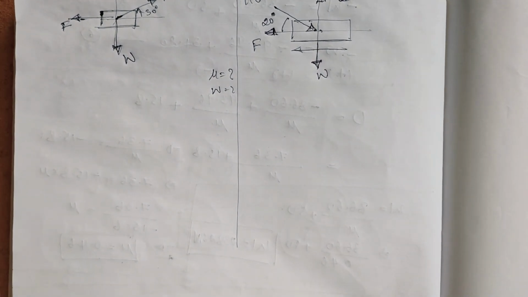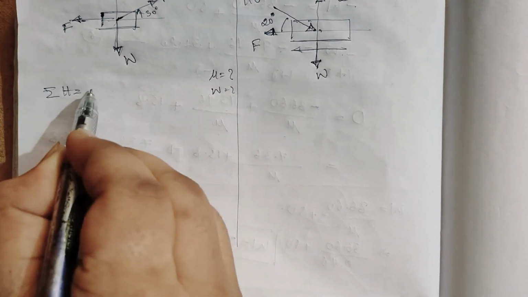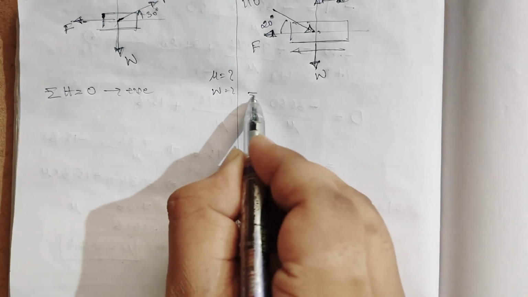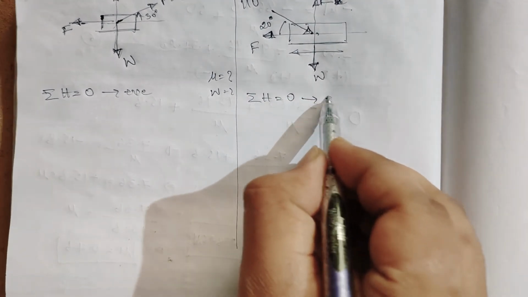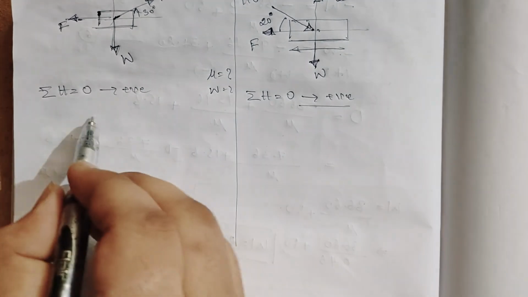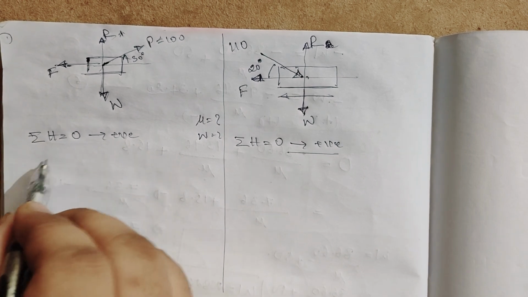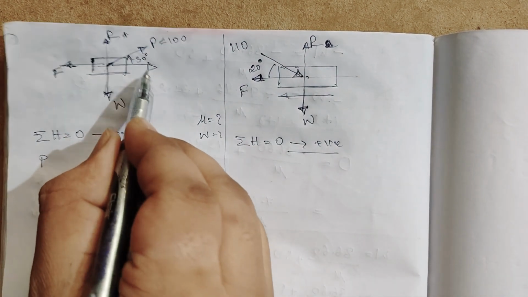So now what we'll do is apply sigma horizontal equal to 0, taking left to right as positive at both conditions. What we will get? So see, that is P. So we'll resolve them.